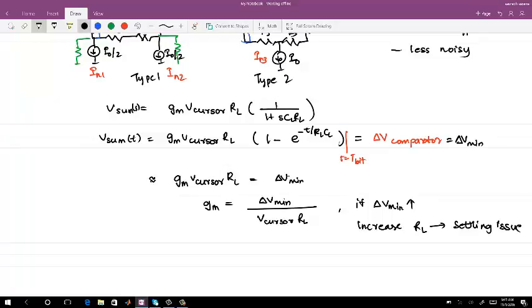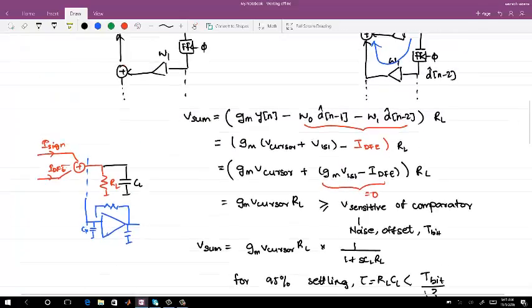Now, if you increase GM, so there are two ways you can basically get the increased delta V min. If you increase GM, what does that lead to? More power consumption in GM cell, but this is not the end actually. If you see this equation, the one which I have, you see that GMV cursor and GMV ISI minus IDFE.